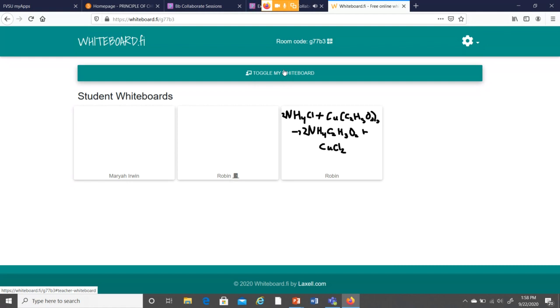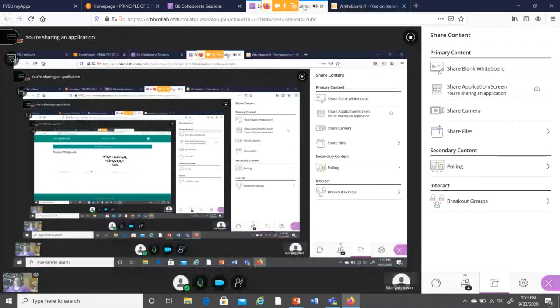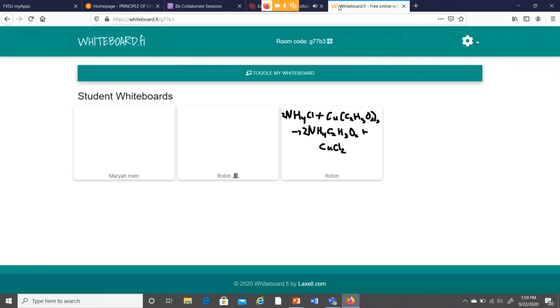You working on it, Mariah? Yes, I'm working on a whiteboard. You can't see it? I can't see it now. I was playing around with it since I have two computers sitting side by side.